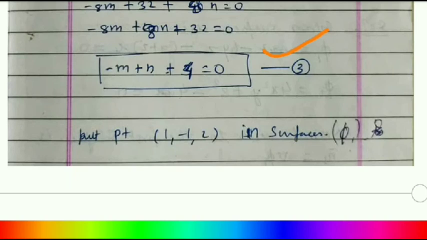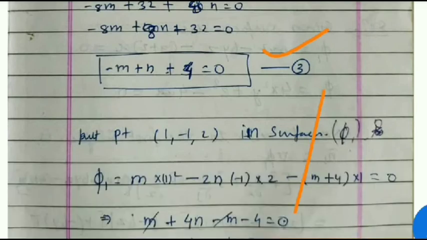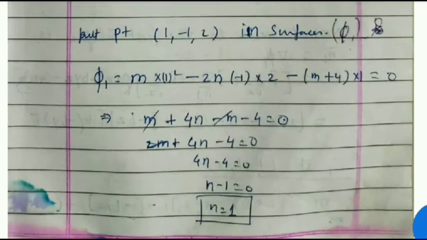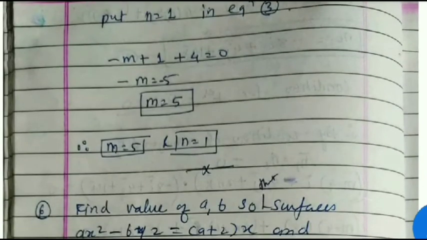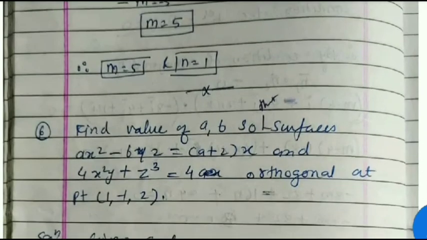So minus m plus 1 plus 4 equals 0. That means minus m equals minus 5, so the minus signs cancel, m equals 5. So the value of m is 5 and n equals 1.